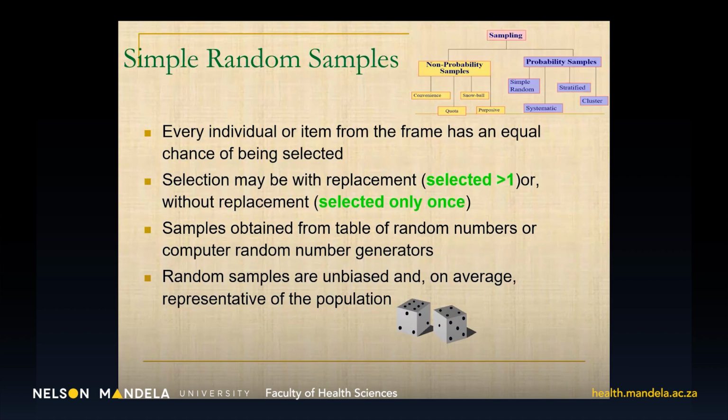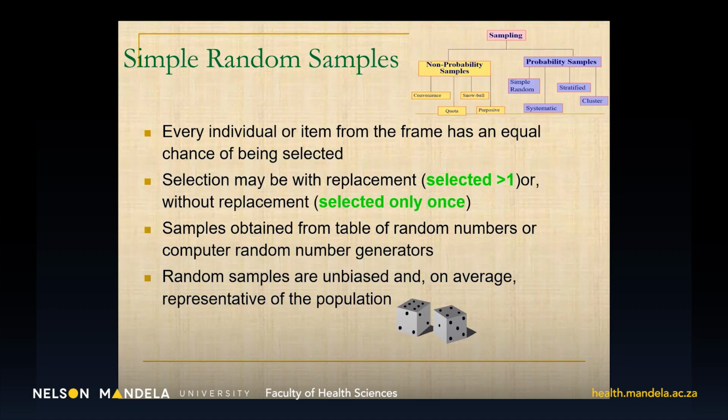That is key. That is the defining feature of simple random sampling. Each individual from the sampling frame has an equal chance of being selected. But selection may be with replacement or without replacement.